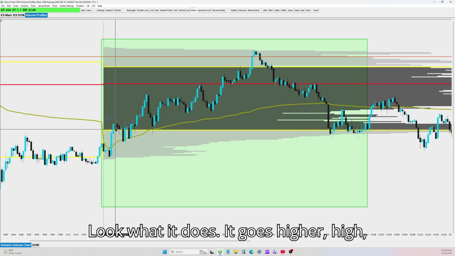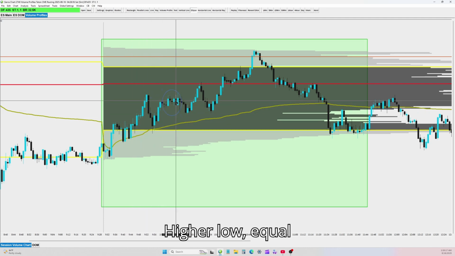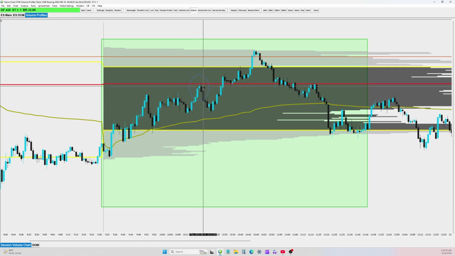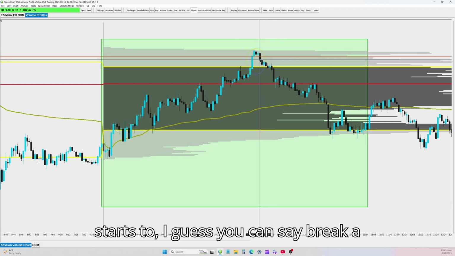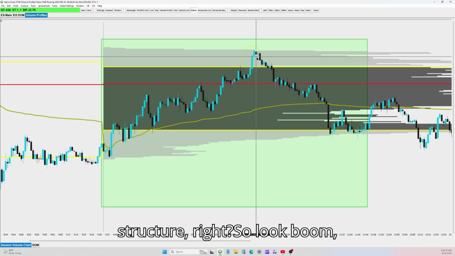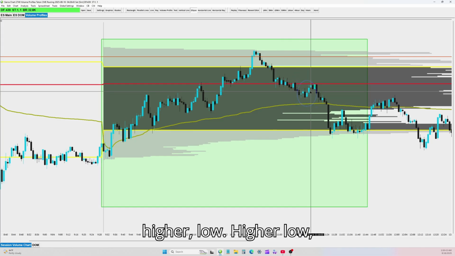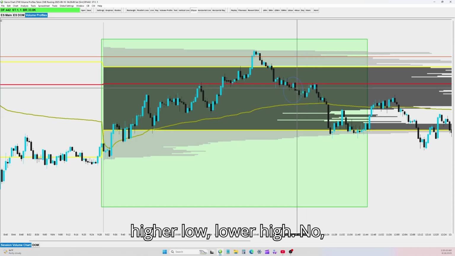Look what it does. It goes higher high, low, high, higher low, equal high, higher low, higher high, higher low, higher high, higher high, and then that's when it starts to, I guess you can say, break a structure, right? So look, boom, low, higher, low, higher, low, higher, low, lower high.